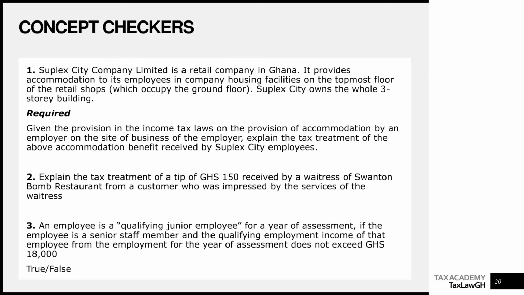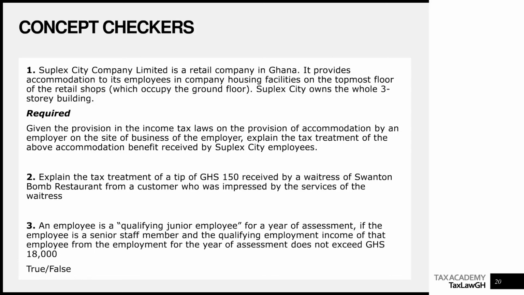So question 1 here is saying that Suplex City Company Limited is a retail company in Ghana. It provides accommodation to its employees in company housing facilities on the topmost floor of the retail shops, which occupy the ground floor. Suplex City owns the whole 3-story building.